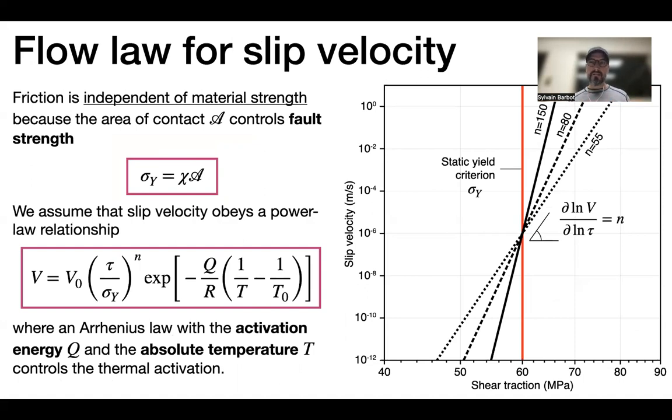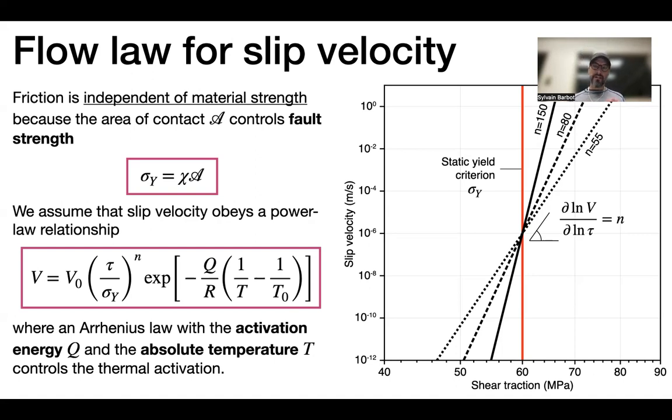And so the first assumption that we will make is that there is a yield stress that needs to be overcome for sliding to occur. And so we will say that this yield stress is proportional to the real area of contact. And the proportionality coefficient is the material hardness again.